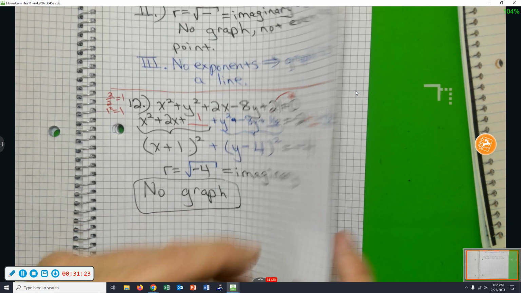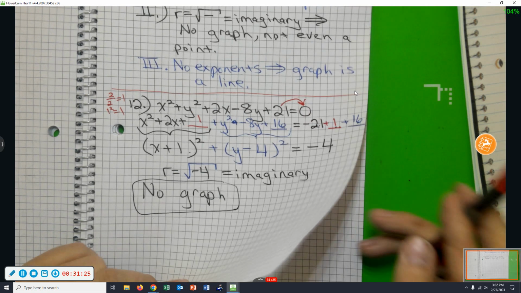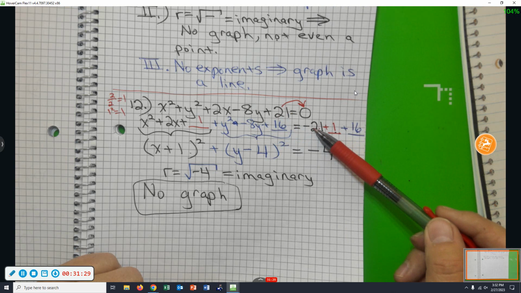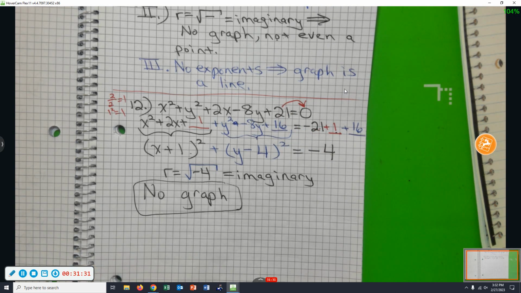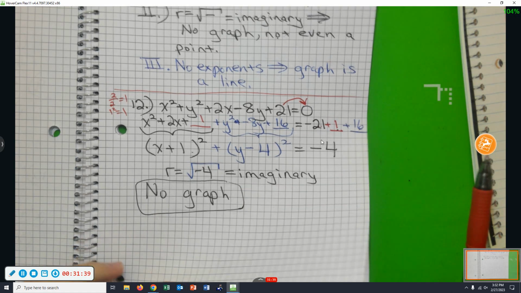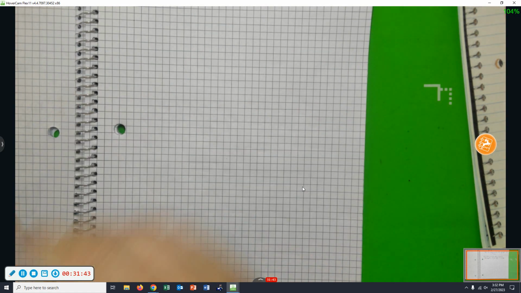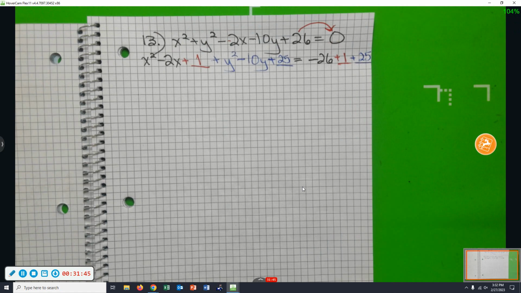And I'll tell you right now, that is a very common mistake. People just leave the 21 as is, even though they know they moved it to the other side of the equal sign and need to change the sign. With all the other new stuff, you just don't think of that. So be careful. Move it down.